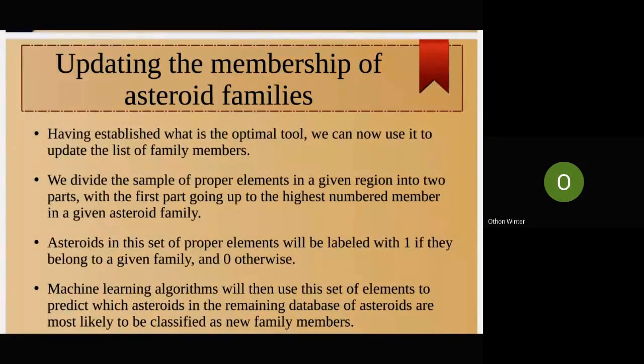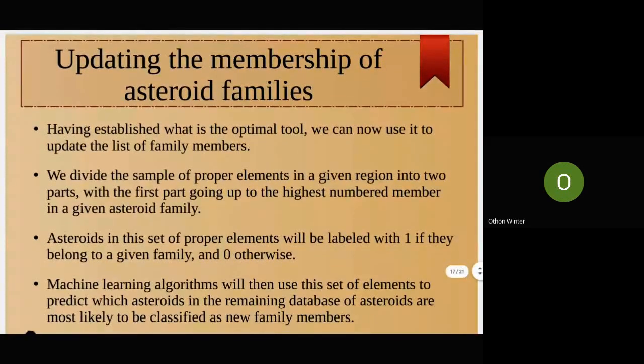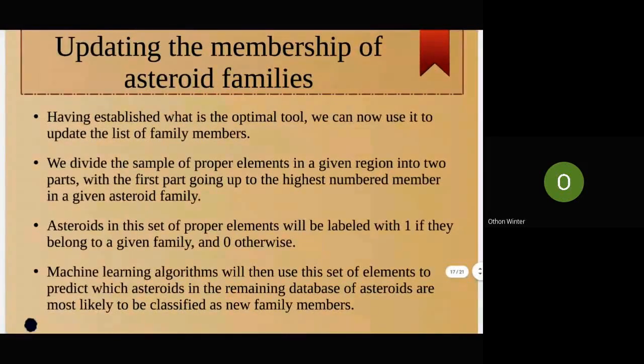But this is not the main use of this tool. The main goal of this study was essentially to have an algorithm that was able to automatically retrieve new members of asteroid families given known populations. So once we selected the ExtraTree method as one of the best performing tools, we tested how it works for real life problems of identifying new asteroid family members.